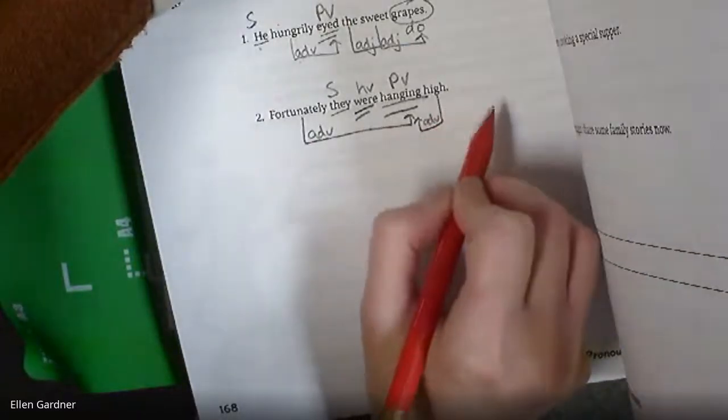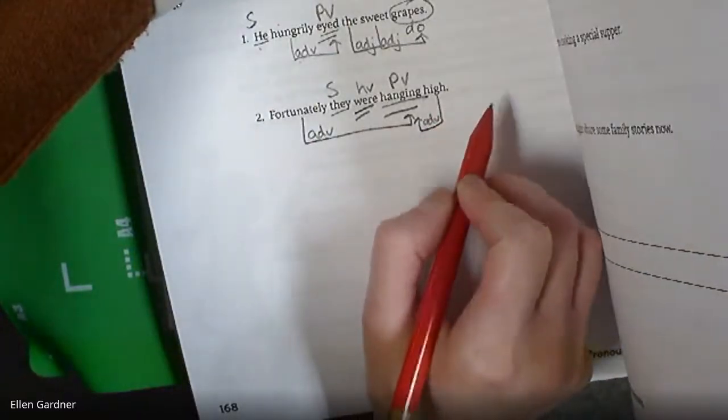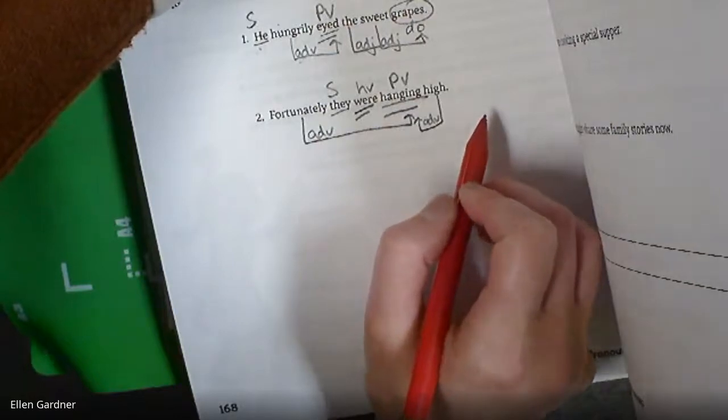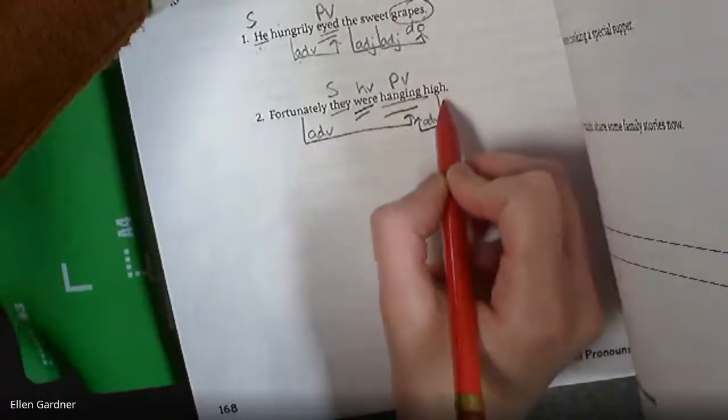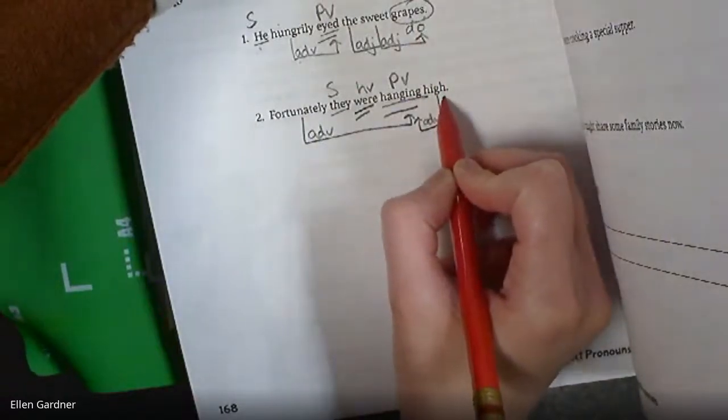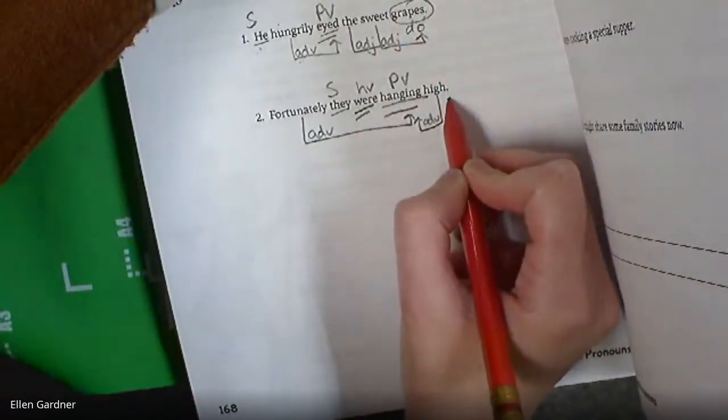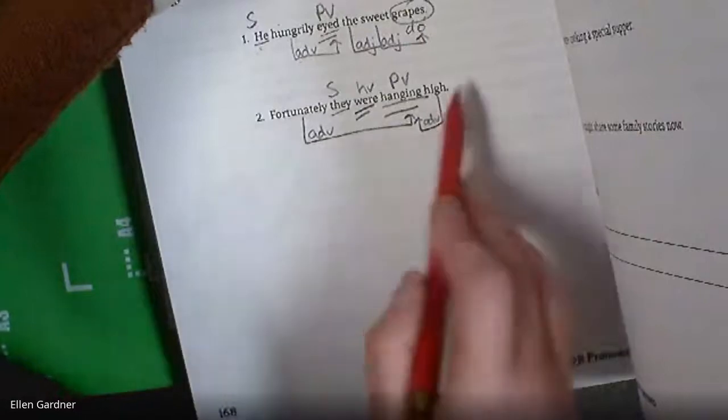Here's a hint. A lot of times, if there is a word at the end of a sentence, it's an adverb. A lot of times we've seen that it can be a direct object, but if it's not a direct object, a lot of times the last word of a sentence is an adverb, at least in our sentences. I don't know if you all have noticed that, but an adverb can be the first or last word.